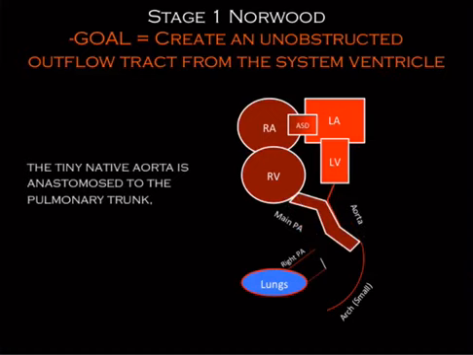All right? So the first thing that's done is that they anastomose the pulmonary artery and the aorta to make a large mega trunk, and that helps create unobstructed outlet flow from the systemic ventricle, which is the goal of the Norwood procedure.